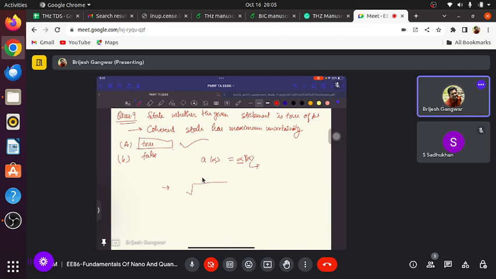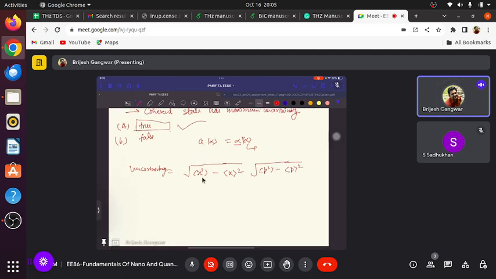We calculate x square average minus x average square, and p square average minus p average square, right? This is the uncertainty.